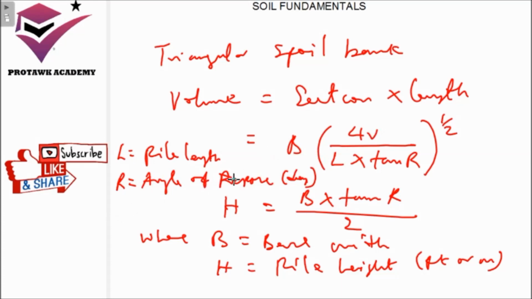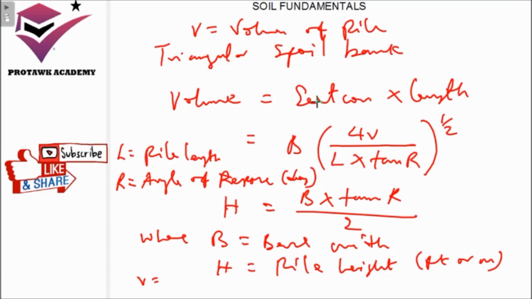V is equal to pile volume, the volume of the pile. So in this formula, we said section by length. B is the base width, and V is equal to the volume of the pile.